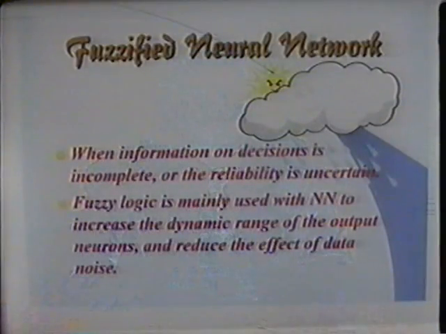Now, you use fuzzy logic in this case when the information on whatever decision you want to make is incomplete or the reliability is uncertain. Fuzzy logic is mainly used with neural networks to increase the dynamic range of the output neuron and reduce the effect of data noise. I'm going to show you an example of that: in a case where we might have some noise in the data, you're going to find that using fuzzy logic might help in eliminating the effect of this noise.